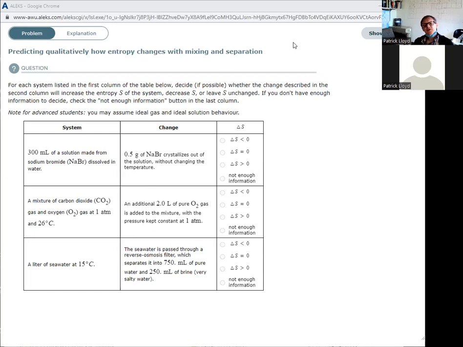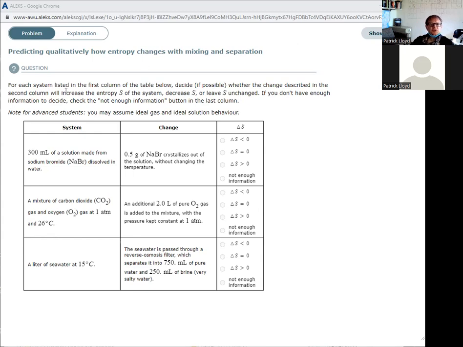You're mixing things together. So when things mix together, that jumbles them up, makes them less ordered. So that's an increase in entropy. When things separate, for example, oil and vinegar, right? If you're making a salad, or water and oil, the water tends to go to the bottom and the oil, if it's less dense, goes to the top. The separation actually creates more order. So mixed is more disorder, more entropy. Separated is less disorder, less entropy.